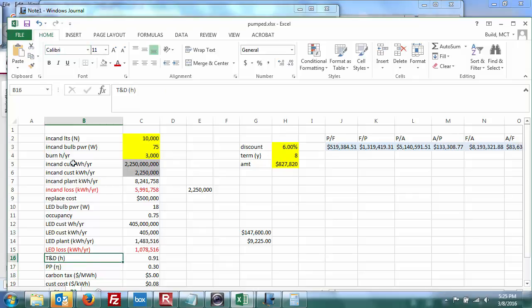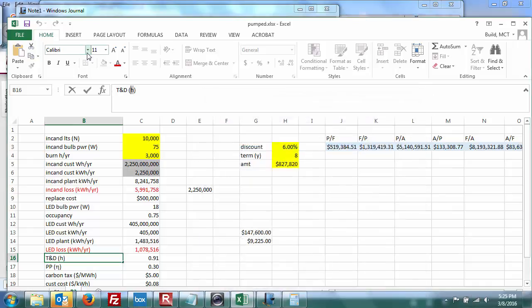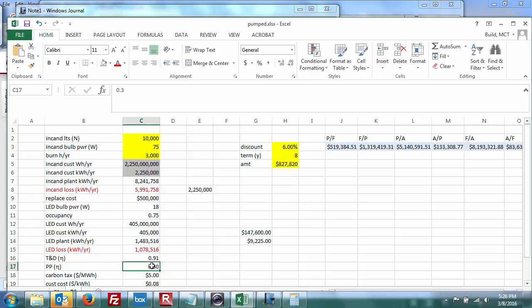Oh yeah, I love that. And now I'm going to do the same thing here. Control 1, font, symbol, cancel. What's going on? I don't need that. Let's just go up here. Symbol. Ding. Okay. So the power plant is 30% efficient. The transmission is 91% efficient.